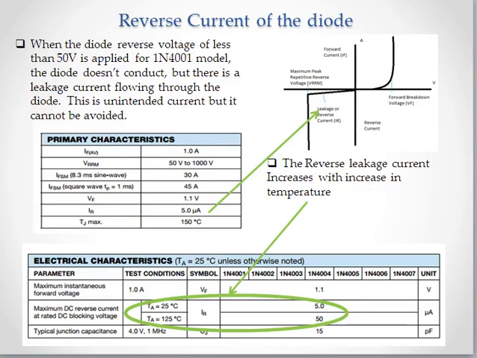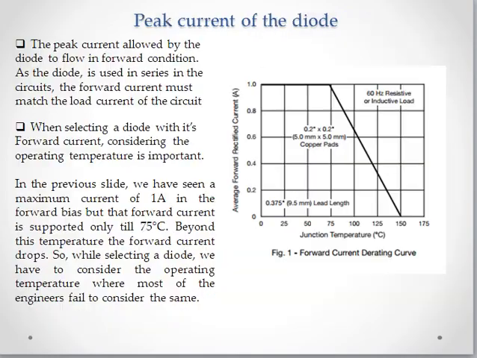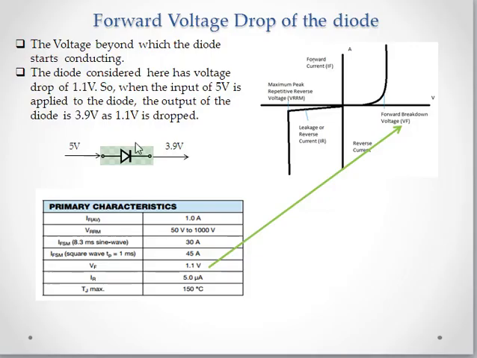Now if you go back and see the small diagram that we have seen here, when you apply a voltage, you see that the output is the input minus the forward drop of the voltage, which is 1.1. So let us assume I am applying less than 1.1 here.